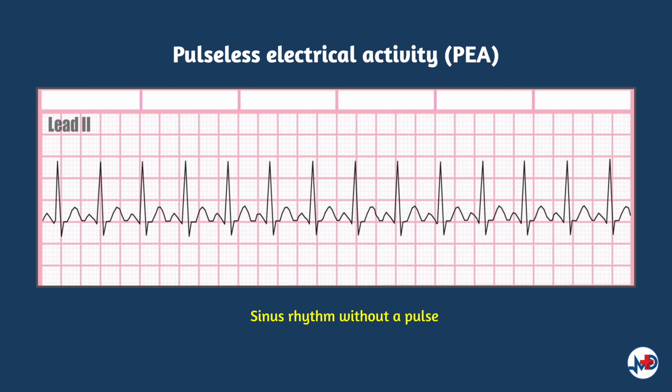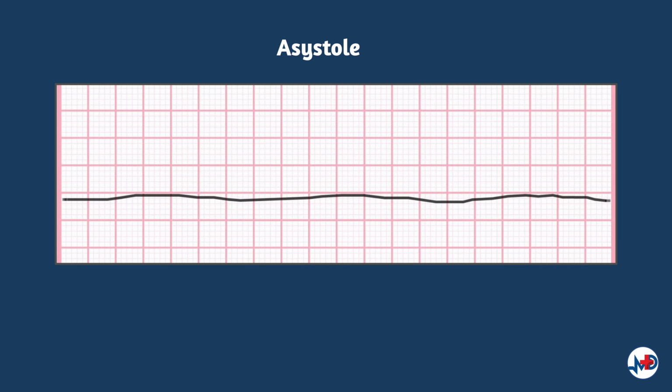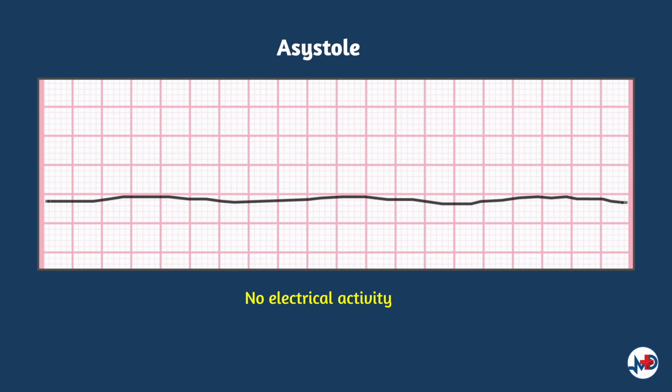Pulseless electrical activity has been previously referred to as electromechanical dissociation. And lastly, asystole. When you see a flat line on the cardiac monitor or ECG, it indicates the absence of electrical activity.